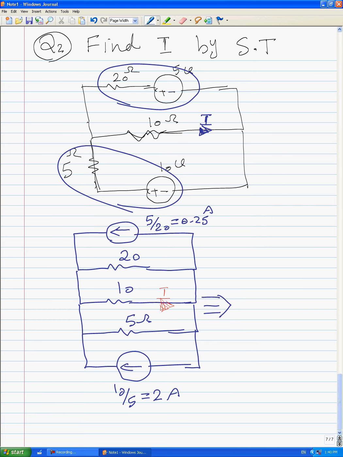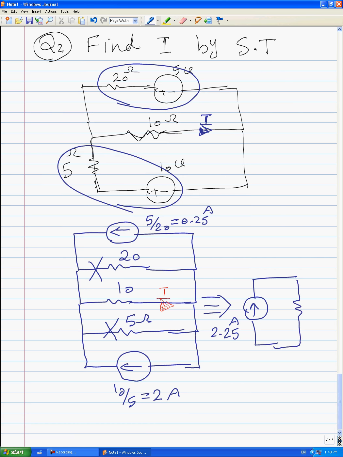Okay, we can simplify this circuit to this circuit. 2 amps and 0.25 amps should be simplified to one source with value 2.25 amps. And this 5 ohms and these 20 ohms are parallel and should be simplified to one resistor.